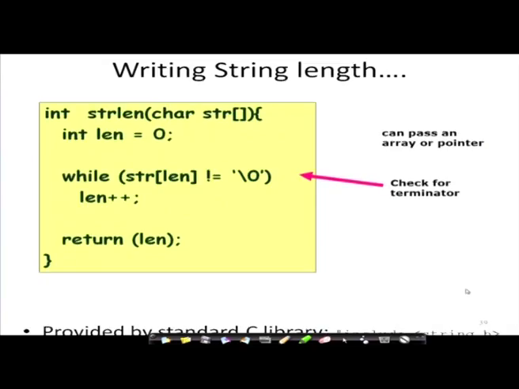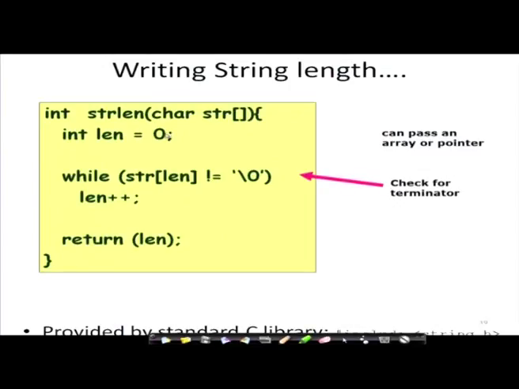Writing the string length. One problem that can be given to you, and I am not talking about the function part right now, is to find out the string length of a character string. I mean, it is writing a program that finds the string length. You need not bother about the structure of this as yet, but let us look at the algorithm purely.